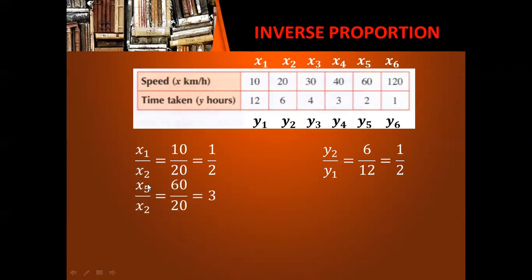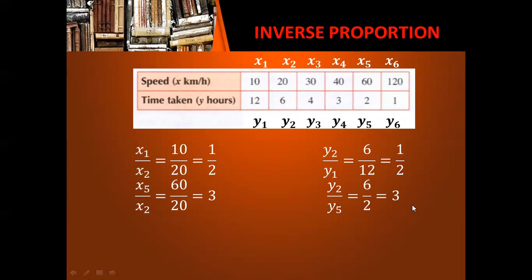Here, I divided the value for x sub 5 by x sub 2. So we have 60 over 20. We can get a value of 3 out of it. Now, comparing the corresponding values for the time taken, we have y sub 2 over y sub 5. Again, I'll be getting the same value of 3.